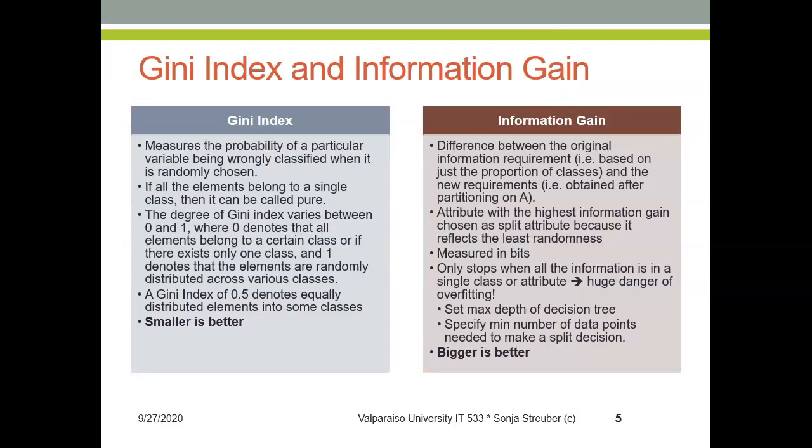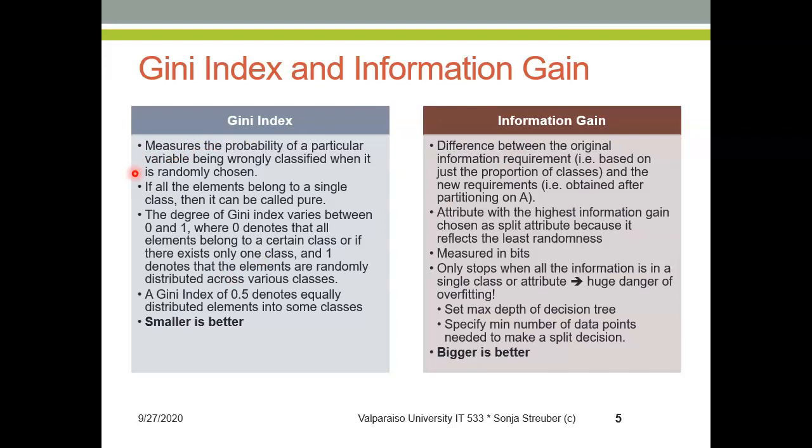There are two major methods, and others that are derived from them, that help us find the optimal split attribute in a decision tree. The first one's called the Gini index, and then we also have information gain. The Gini index measures the probability of a particular variable being wrongly classified when it is randomly chosen.